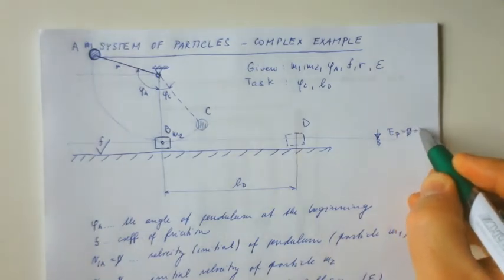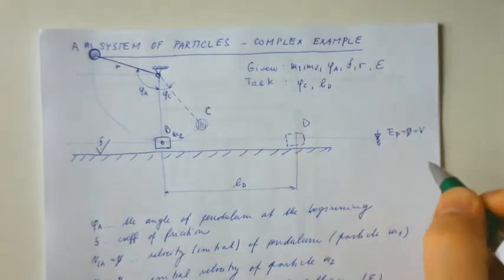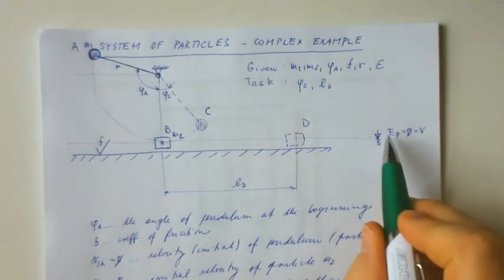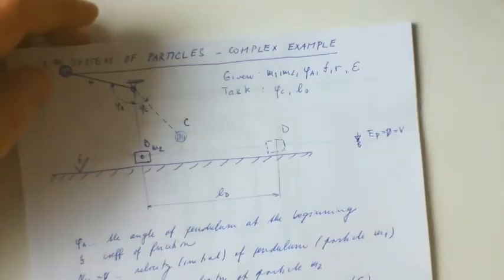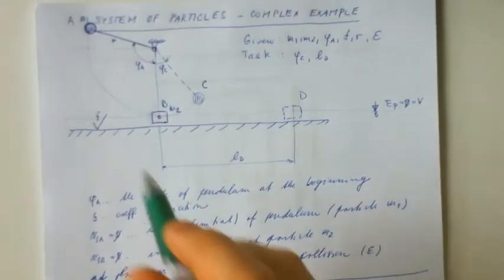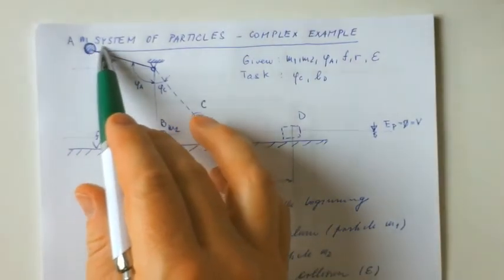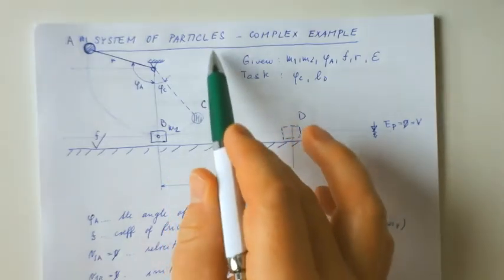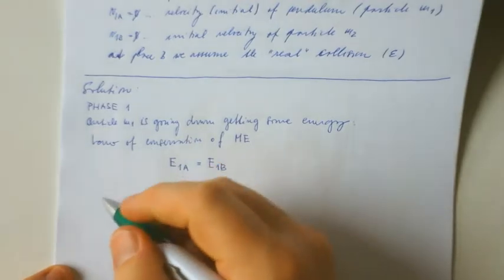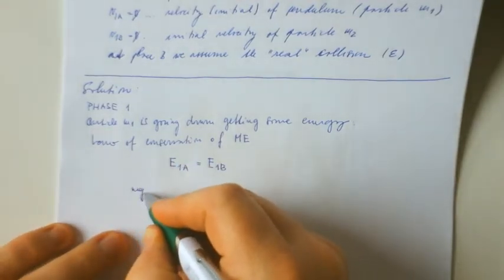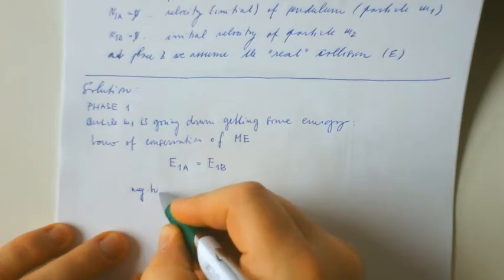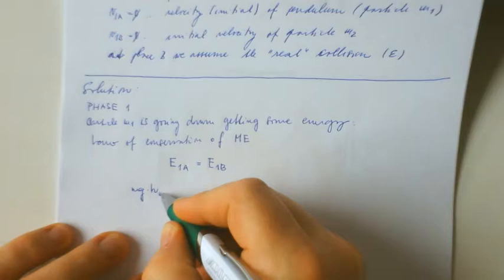We call potential energy V. We need to calculate this height, and it is m1 g h0.